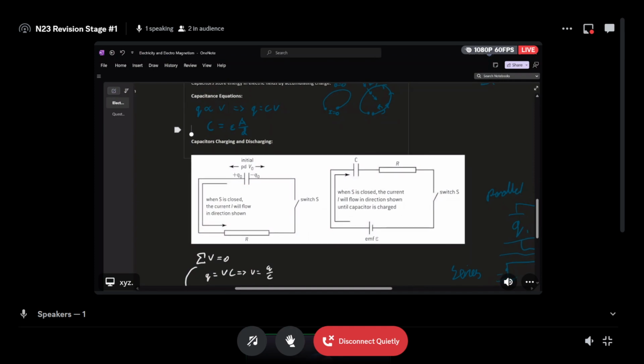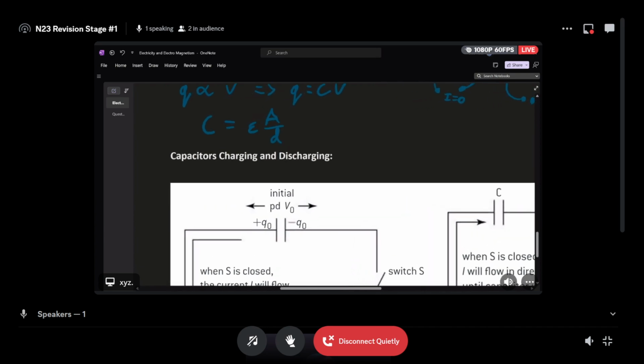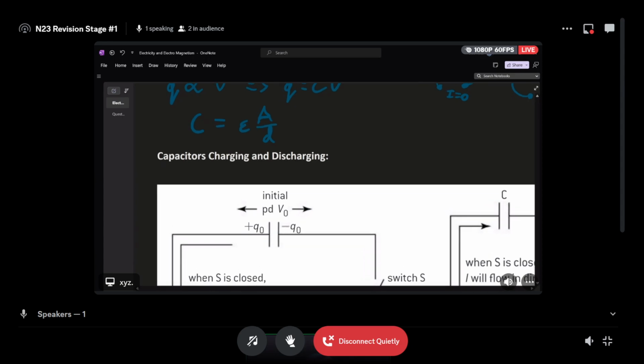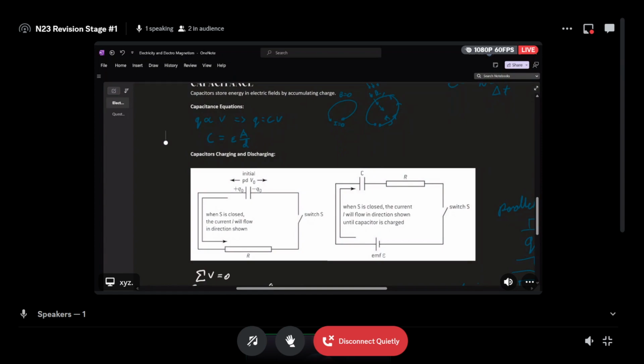But yes, it's also inversely proportional to the distance between the two plates. So if you have two plates that are very close to each other, the capacitance will be quite large, which means that electrons will find it quite easy to go from one side to the other.